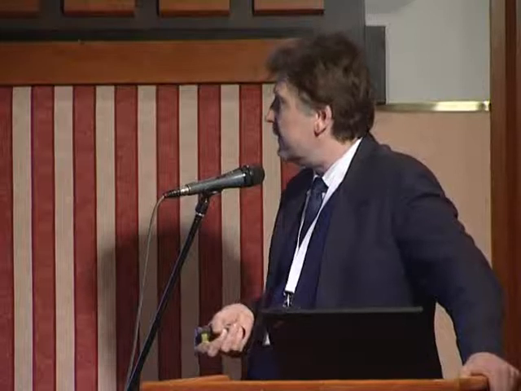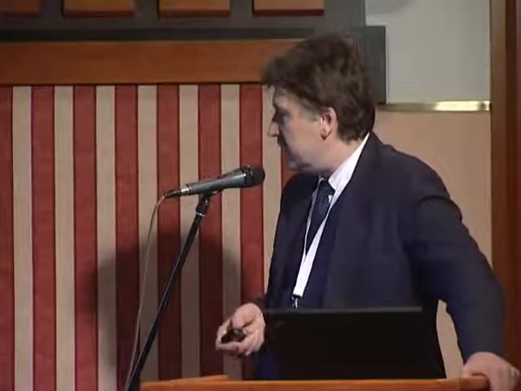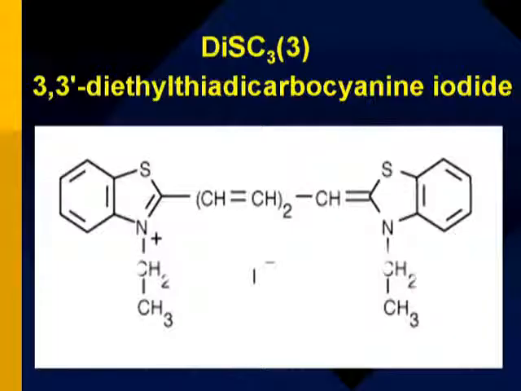And one of these dyes, a potential sensitive fluorescent dye, can be seen in this picture. And this is actually a lipophilic cation. And since it is a cation, it is relatively easily taken up by the cells relative to the membrane potential.